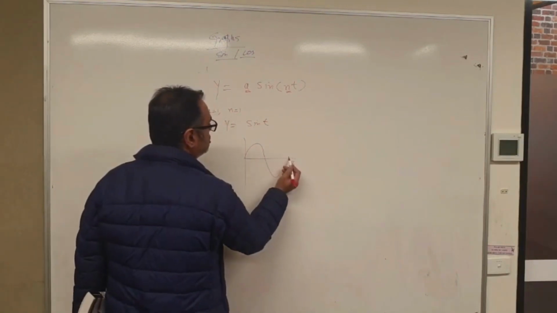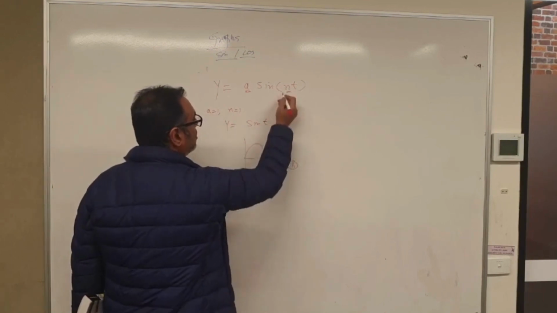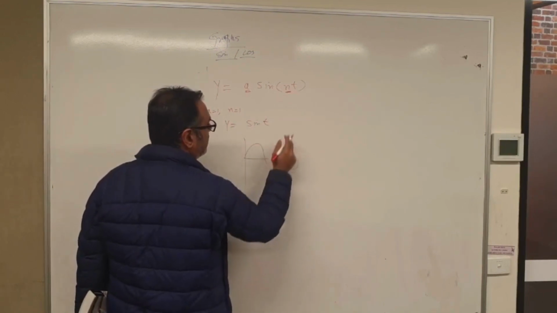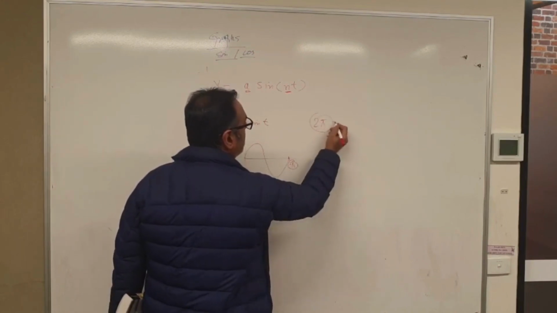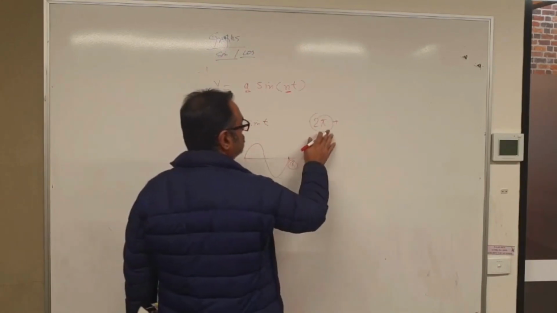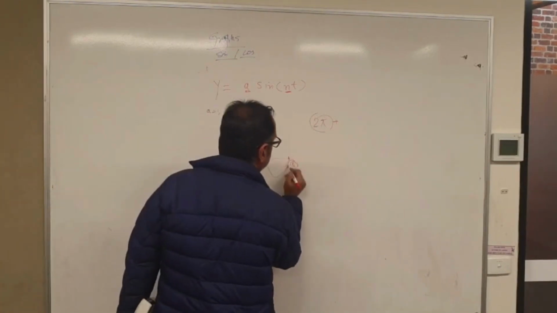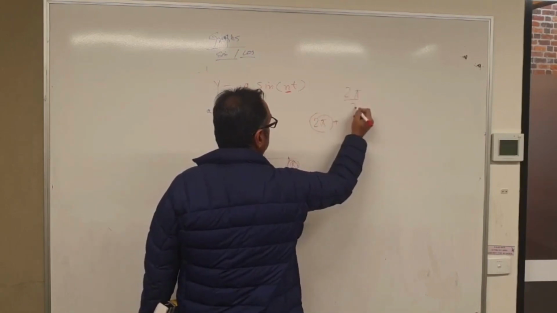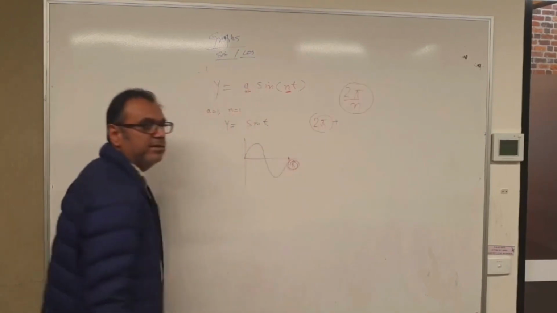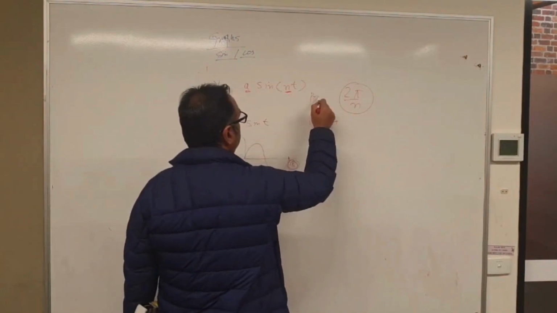So that means this value of n must have done something to this 2 pi. So the book says 2 pi over n is the formula for the period.